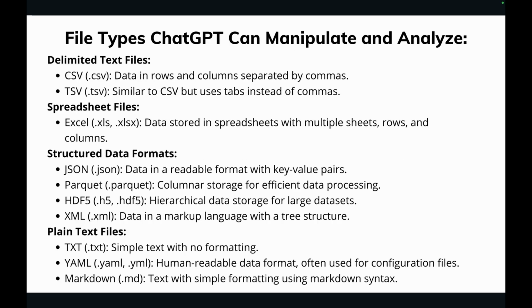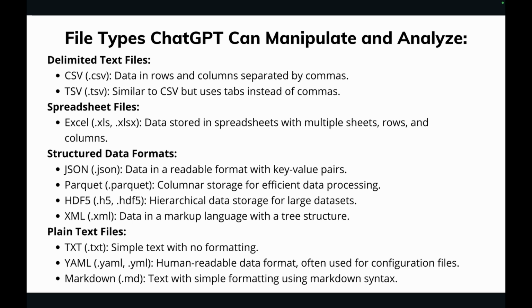Next are file types that ChatGPT can directly manipulate and analyze, and files that ChatGPT can read but cannot manipulate. I found this very interesting. What that means is basically every file that you see on your screen right now, ChatGPT can directly read, manipulate, and analyze data from.